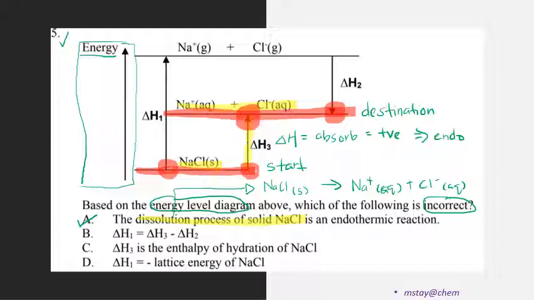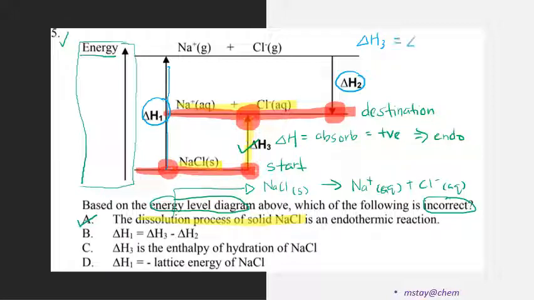When we look here, we have one step which is delta H3. Maybe I'll try to use another color. When there is a delta H3, in one step I can reach the aqueous ions, or another way is we must go through the delta H1 over here, followed by delta H2.